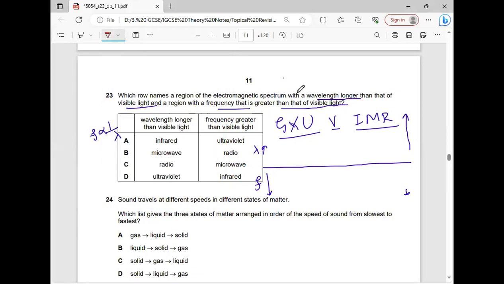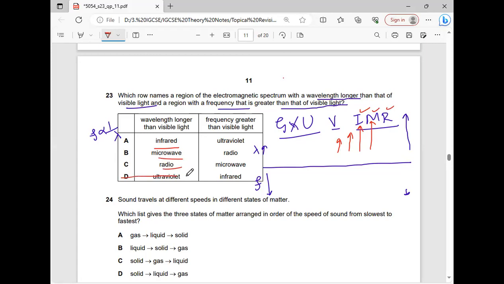Now just look at the question. Wavelength longer than that of visible light. The parts with longer wavelength than visible light consist of infrared, microwaves, and radio waves.